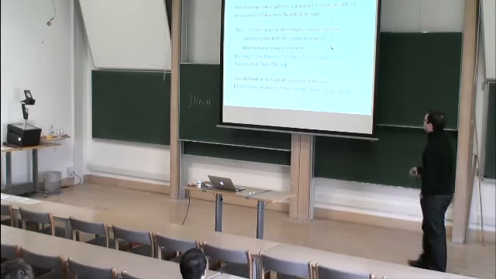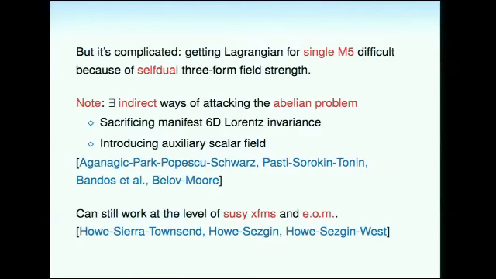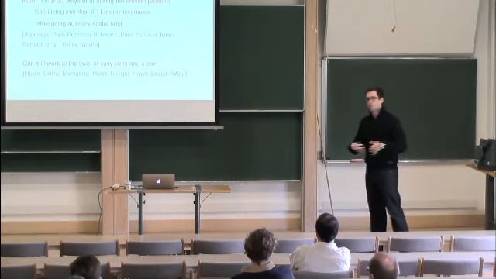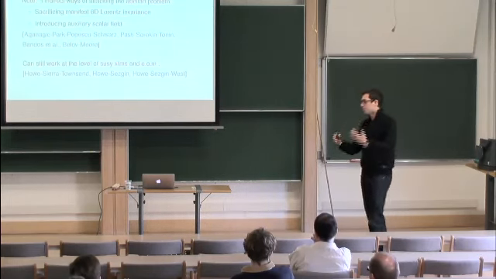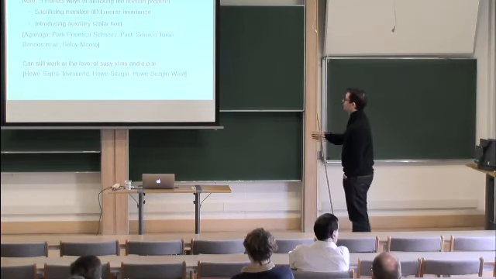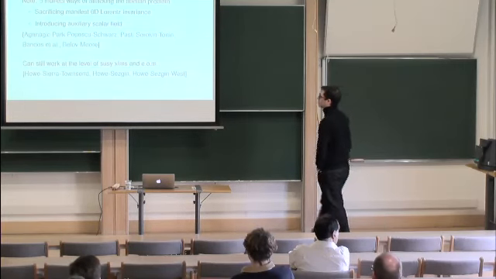So you can't write down the naive kinetic term that you would expect from our conventional gauge theory intuition. And in fact, there have been lots of indirect ways of trying to attack even the abelian problem. There's this proposal by these people of sacrificing manifest six-dimensional Lorentz invariance. Or there's also the so-called PST formalism, in which one introduces an auxiliary field in the theory. Of course, when you put the theory on shell, it turns out that this formulation actually reduces to this formulation without manifest six-dimensional Lorentz invariance.